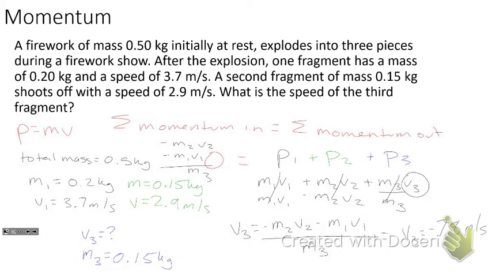Confirmed? Okay, so this is going in the opposite direction as the first and second fragment. Again, the really important part is remembering that the sum of momentum going in must equal the sum of momentum going out.